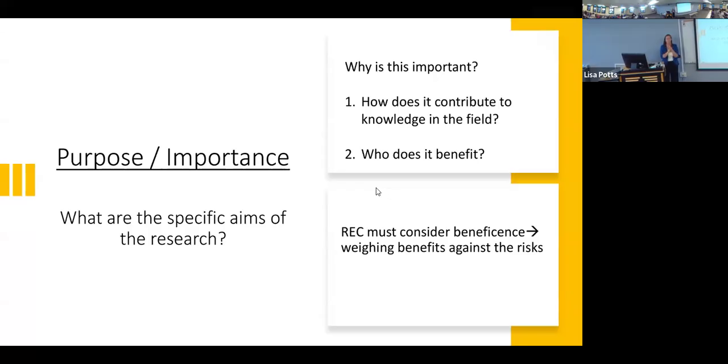And there are some times where it's like, I'm sorry, but we can't just let you do something just because you need your dissertation to get through. So just helping students to be mindful that we really are trying to protect people's well-being and privacy. So we have to think about the benefit versus the risk.